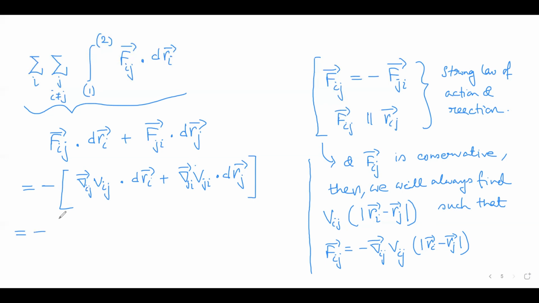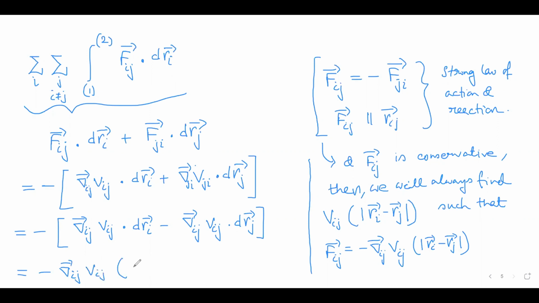So it will be minus gradient_i Vij dot dri minus gradient_i Vij dot drj, which is gradient_i Vij dot (dri minus drj).